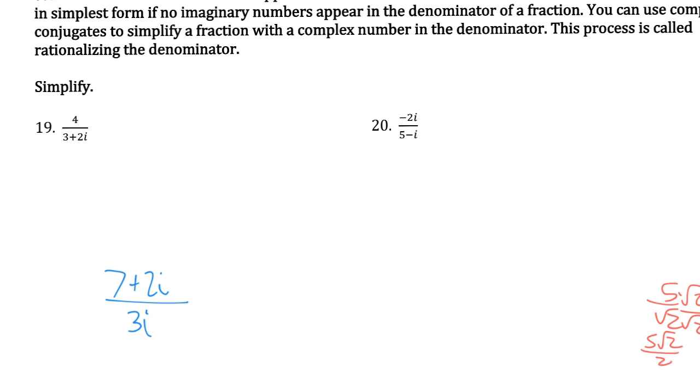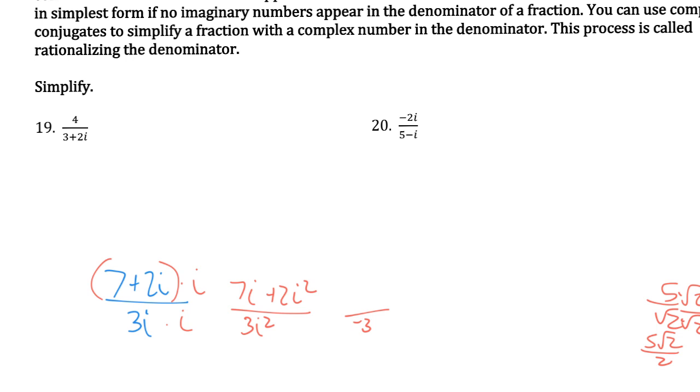You multiply top and bottom by the offending radical. If you just have one term in the denominator, the offending radical really is i. So if you multiply top and bottom by i, again, you're allowed to multiply any fraction by 1. i over i is still 1. So you would get 7i plus 2i squared over 3i squared. Well, what is i squared? That's negative 1. So your denominator would be 3 times negative 1, or negative 3.